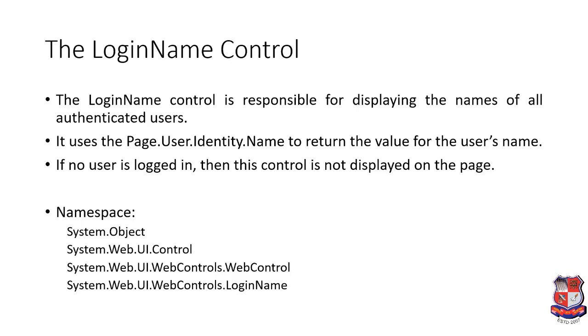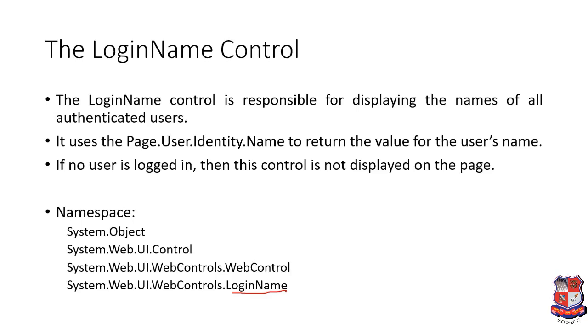Namespace hierarchy for the login name control is System.Object, System.Web.UI.Control, System.Web.UI.WebControls.WebControl, and System.Web.UI.WebControls.LoginName. The LoginName class does not contain any methods, properties, or events that are not inherited from any other class, such as the Control class.